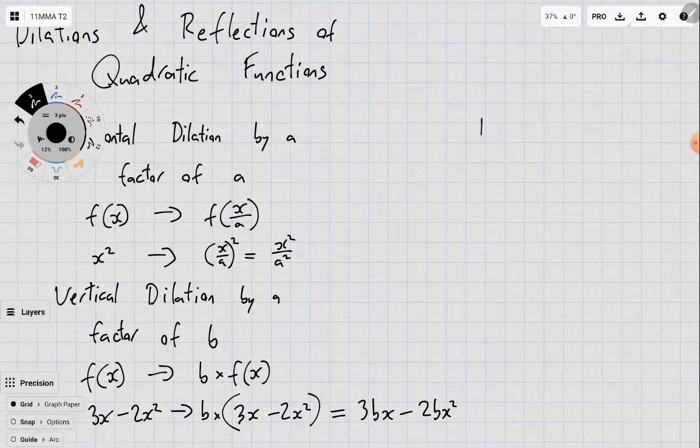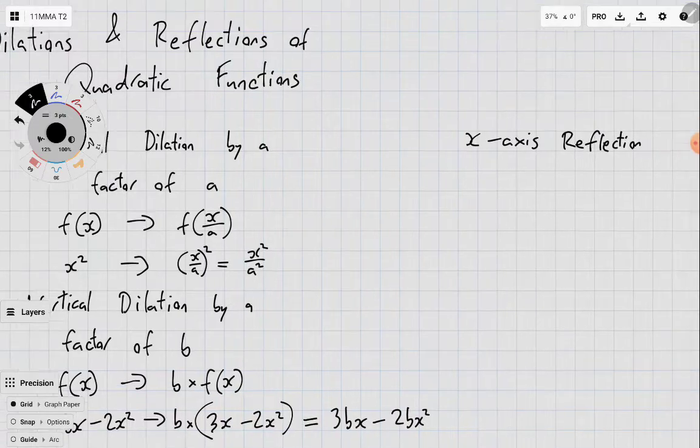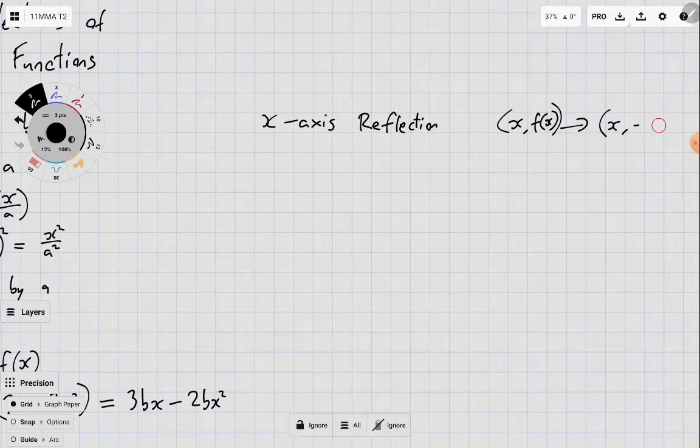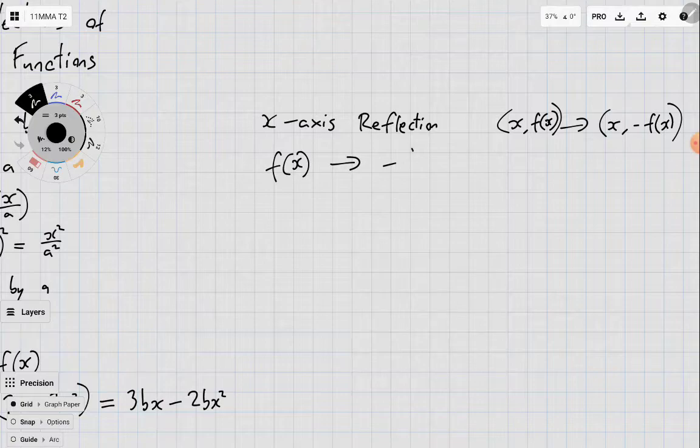Let's have a look at reflections. So for an x-axis reflection, we learned last time, we thought about it in terms of x comma y becomes x comma negative y. Well, using function notation, we can write this as x, f of x becomes x, negative f of x, meaning for an x reflection, you take f of x and you make it negative.